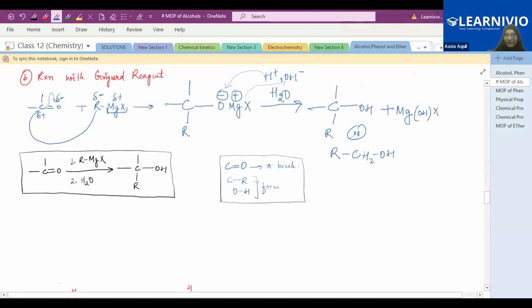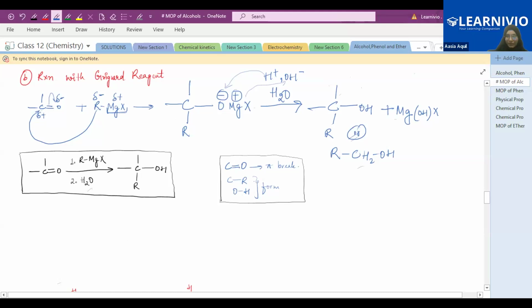Now this O minus and MgX plus. But in the second step, just add the water, the hydration. This water has H plus and OH minus ion, so H plus will attach to this oxygen, and to this MgX, OH minus will be attached. And you will get a corresponding alcohol.